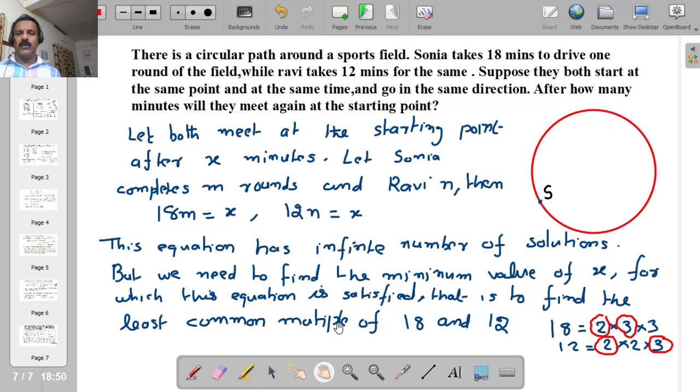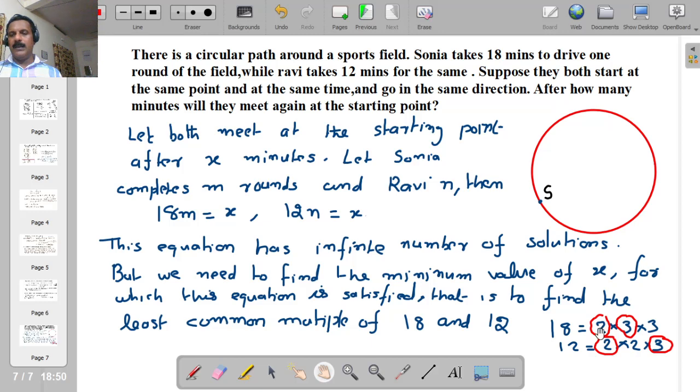In order to find the LCM of 18 and 12, we will do the prime factorization of both. We know 18 is equal to 2 times 3 times 3. It is the prime factorization of 18. And 12 is equal to 2 times 2 times 3. We know how to find the LCM. LCM is equal to 2 times 3 times 3 times 2. We have to avoid the common factor getting multiplied two times.